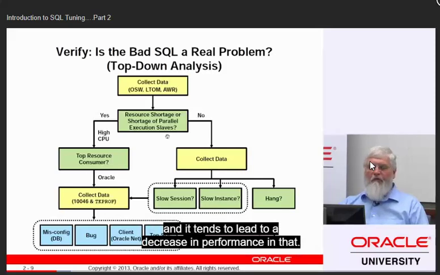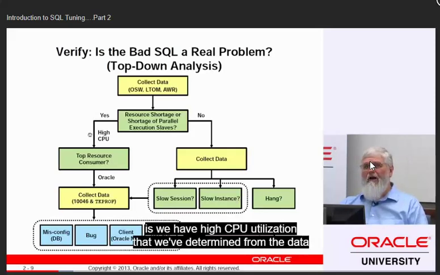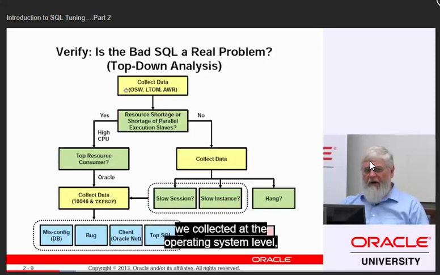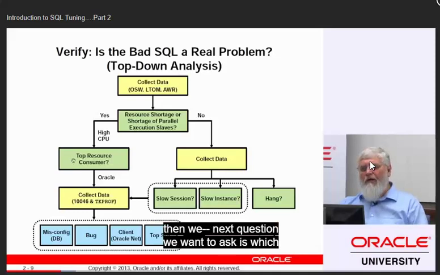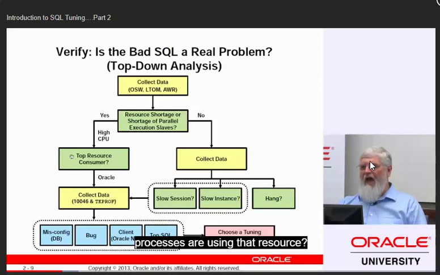And if one of the problems we end up with is high CPU utilization that we've determined from the data we collected at the operating system level, then the next question we want to ask is which processes are using that resource. What we're trying to determine is whether they are database processes, meaning we could have a performance issue with a particular database, or whether it is something outside of the database.